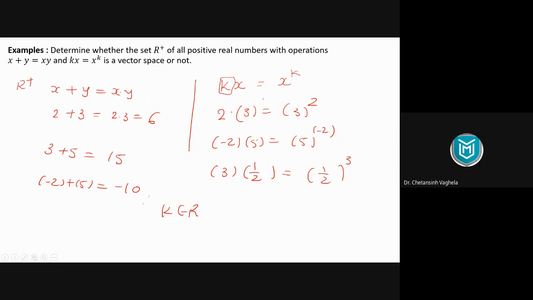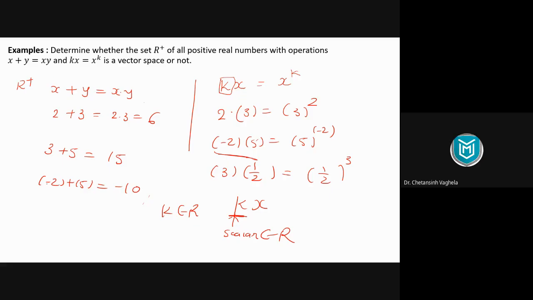In k times x, k is your scalar, and scalar can come from set R. Negatives are allowed. Sir, x plus y equal to xy, and in that you took minus 2 plus 5. Okay, that's my mistake.